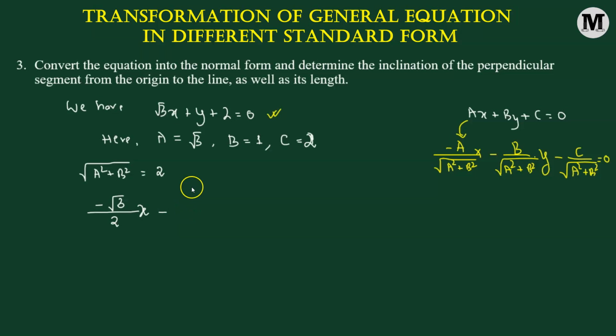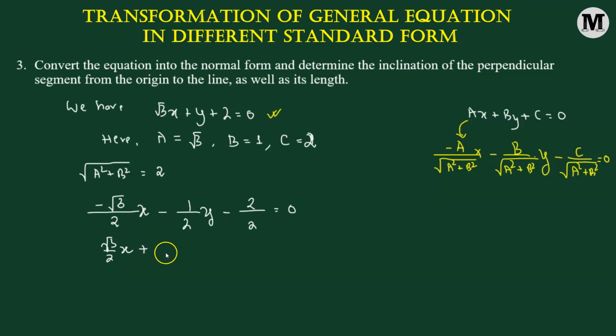Then we have negative b, so b is 1, divided by 2, multiplied to y. And then the c value becomes negative 2 divided by 2, and that's equal to 0.